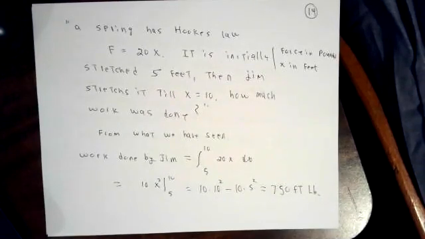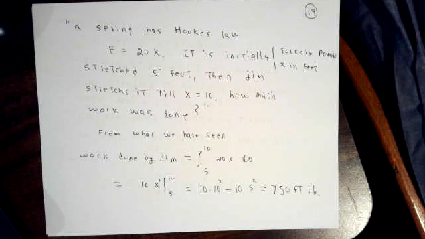For example, a spring has Hooke's law F equals 20 times x. The k is 20 here. We'll measure our forces in pounds and our distances in feet. This is going to be stretched 5 feet, and then Jim stretches it until x equals 10. How much work was done?